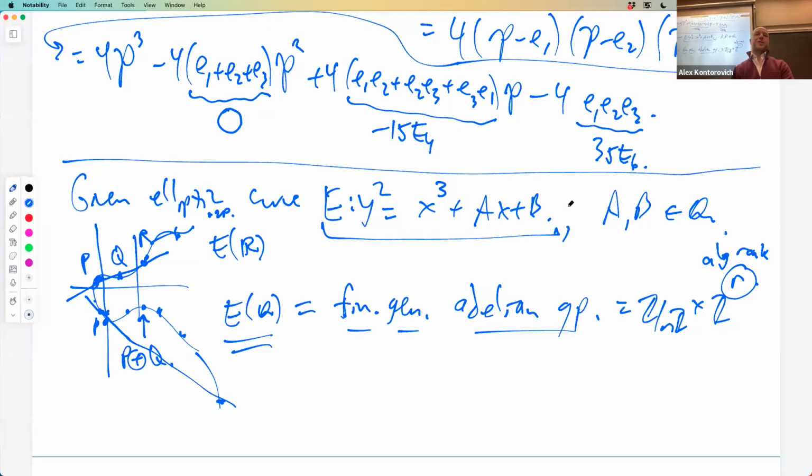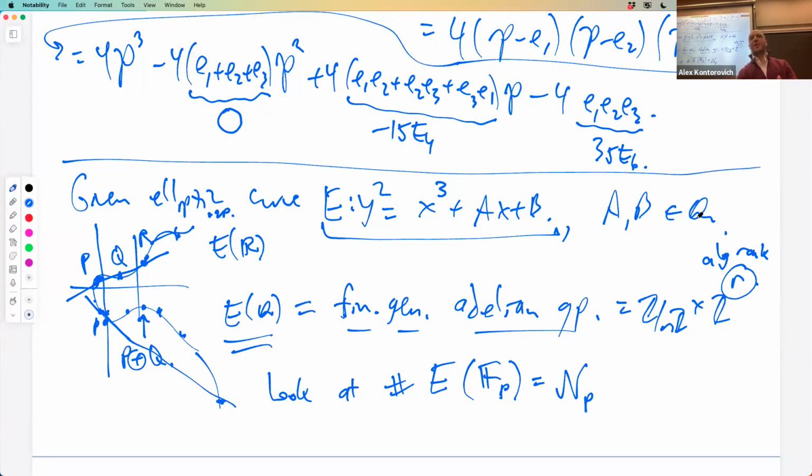If you're looking for rational solutions, if you have a rational solution, you'll have a solution mod P. So you could look at how many solutions there are in E, not over Q, not over R, but over F_P, the finite field on P elements. Let's call this number N_P.